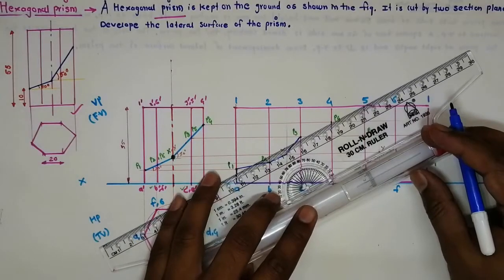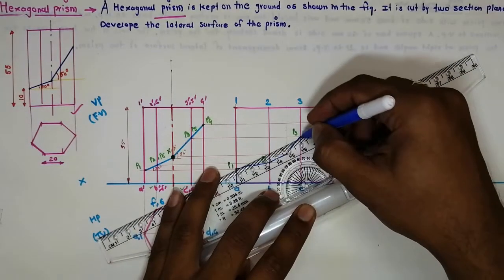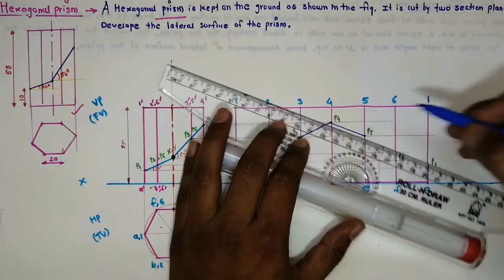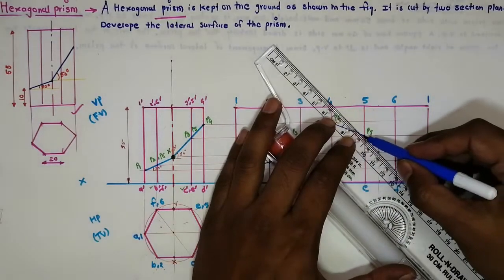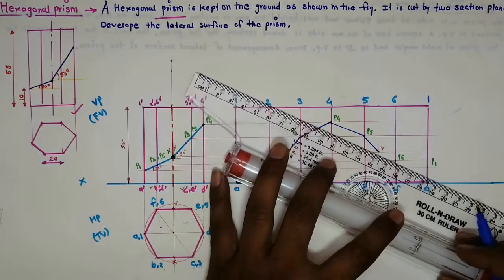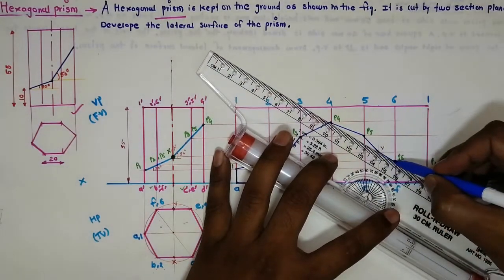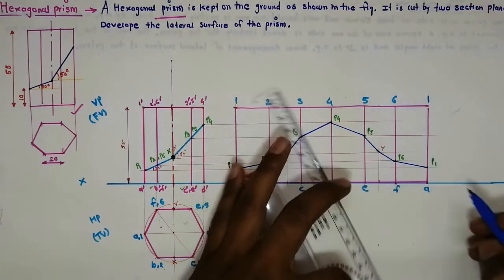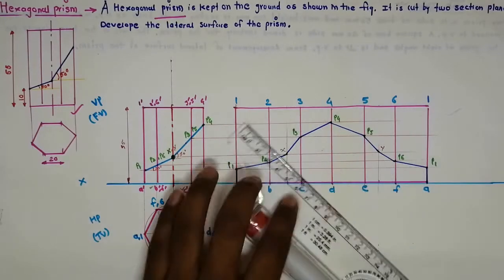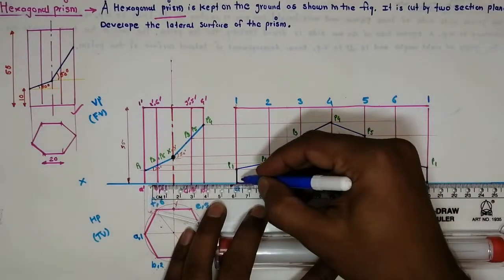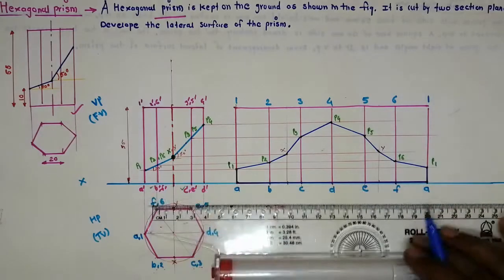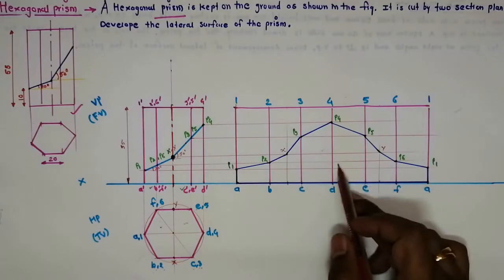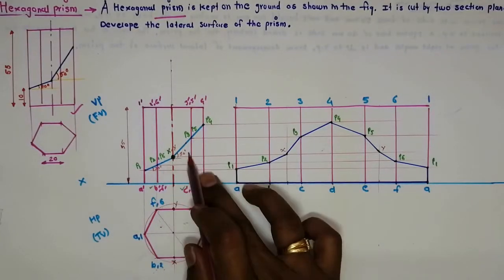Then P3 goes to P4, P4 goes to P5, P5 goes to Y, then Y goes to P6, and from P6 it goes to P1. Then it comes downward, like this. So this is the development for the hexagonal prism with these two section planes.